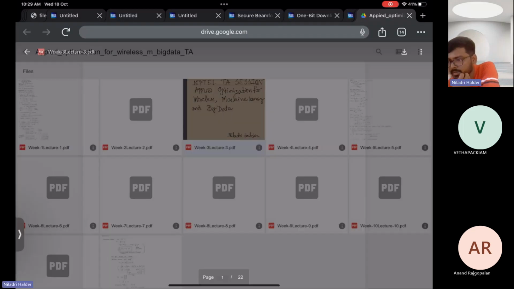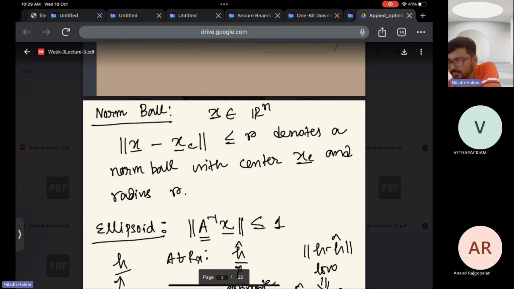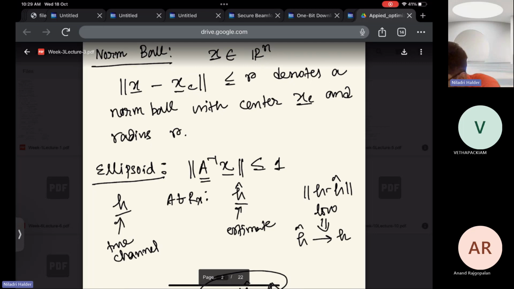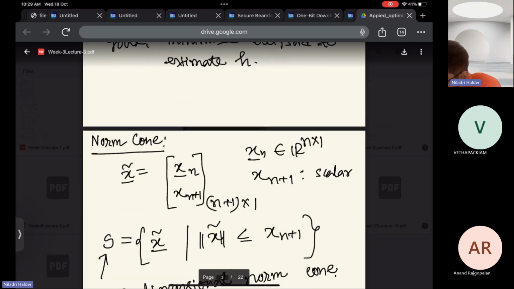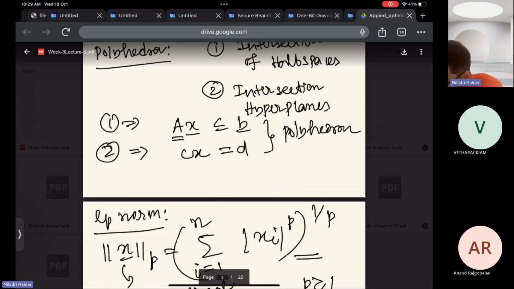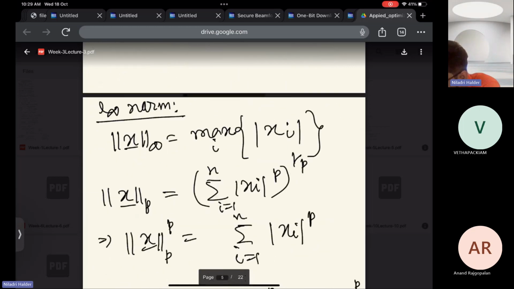Then in the third lecture, norm ball. These are just definitions of some optimization sets. This is the definition of norm ball. Then ellipsoid, then norm cone, polyhedra, and then this is the Lp norm definition.